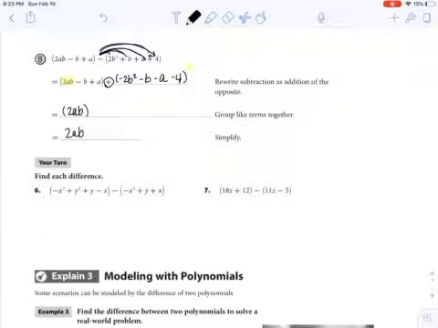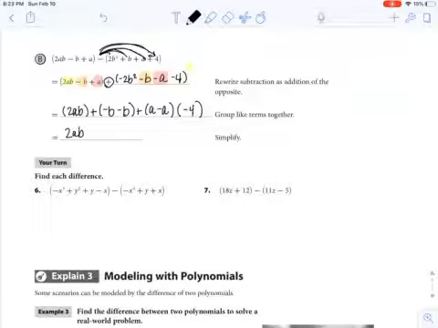Then I'm going to look for b terms and put those together. So I have negative b minus b. And then I'm going to continue and look for like terms. Now I have an a here and an a here, so I'm going to put those together: plus a minus a. And my last group is going to be negative 4. I don't have anything that I can combine that with, so I know that negative 4 will be part of my answer.